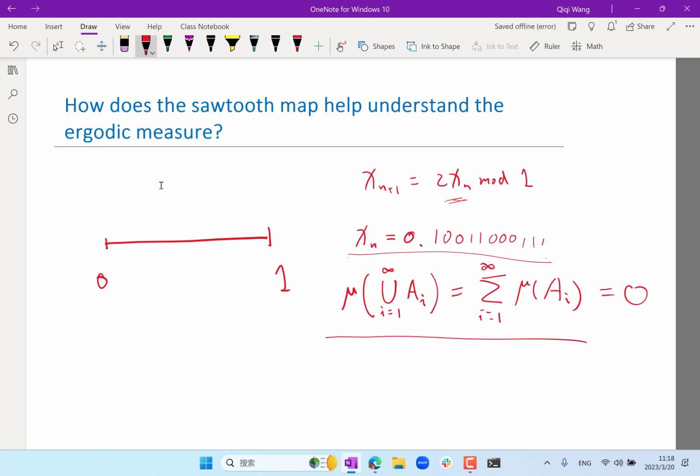Now think about what this map, the sawtooth map, does to a particular number. What does multiplication by 2 mean for a binary representation? Well, what does multiplication by 10 mean if you have a normal decimal representation?